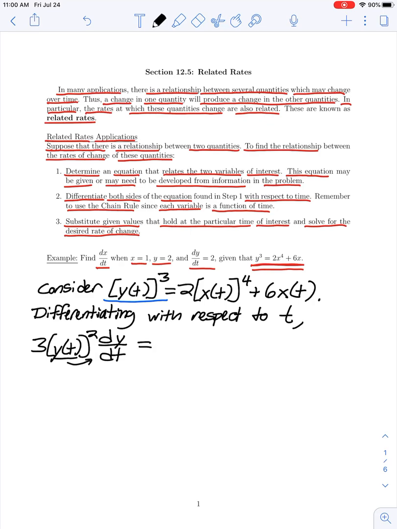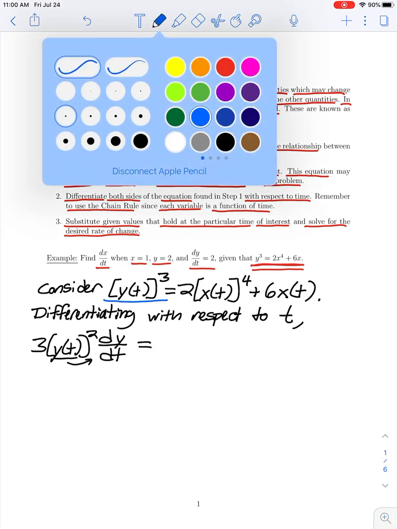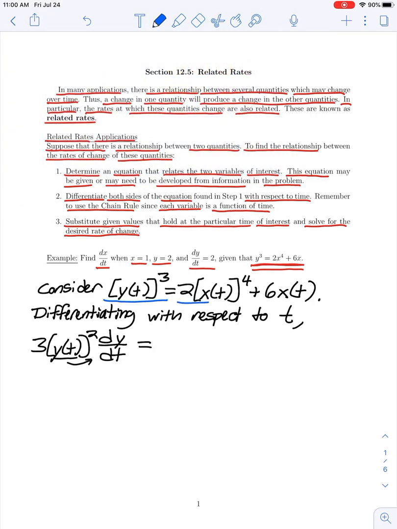Now that's equal to, on the right-hand side of our equation, we had 2 x of t to the 4th power. Again, that's a composite function, so we're going to use the chain rule. The derivative of our outer function would be 8 x of t cubed. But again, we have to multiply by the derivative of the inner function with respect to time. That is the derivative of x with respect to time, or dx/dt.